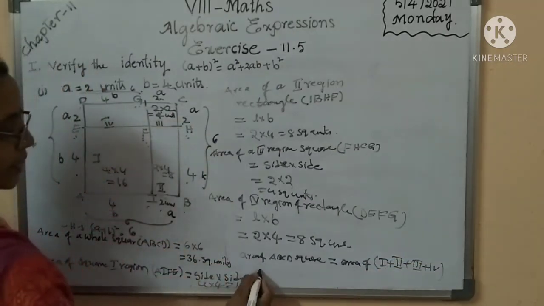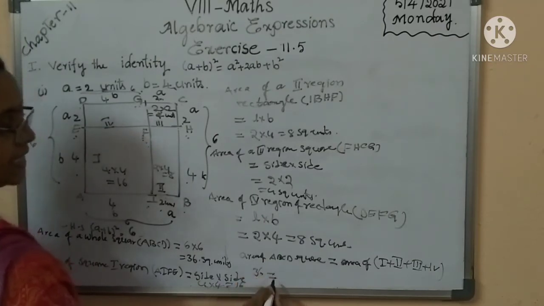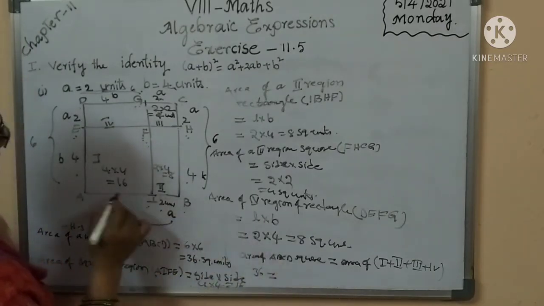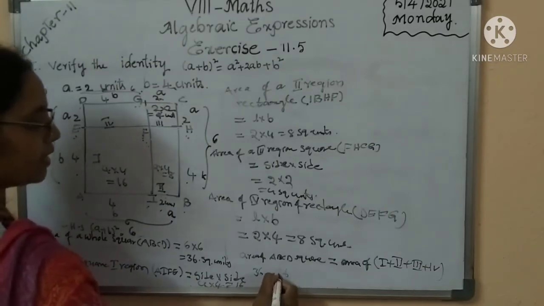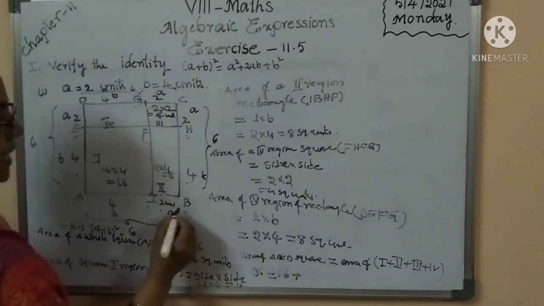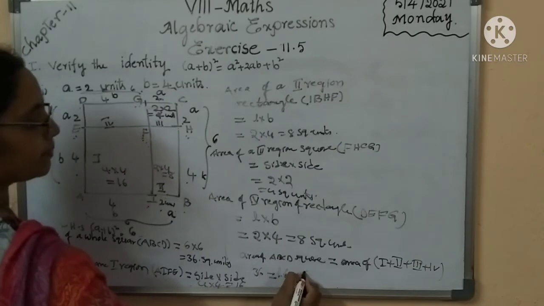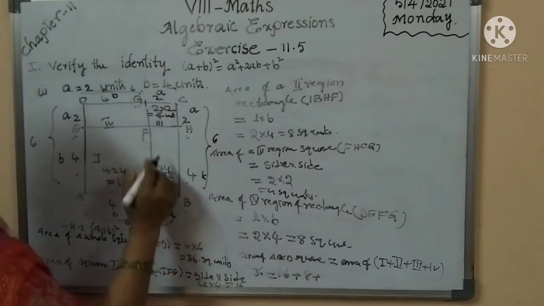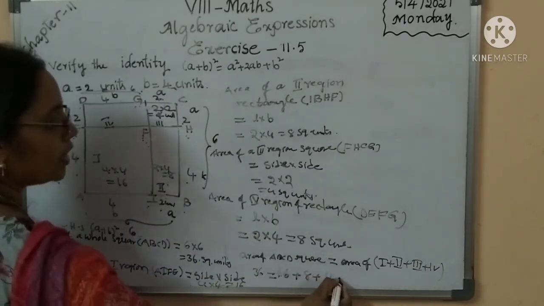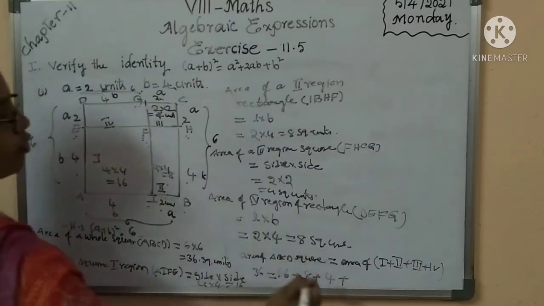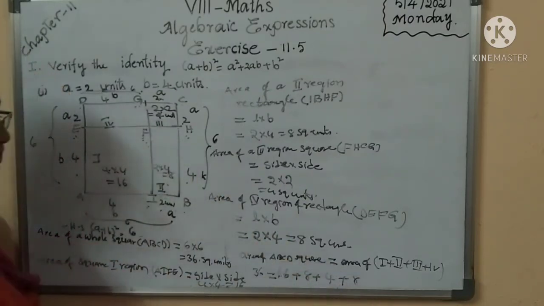So the area of the square, 36, equals the first region 16, plus the second region 8, plus the third region 4, plus the fourth region 8.